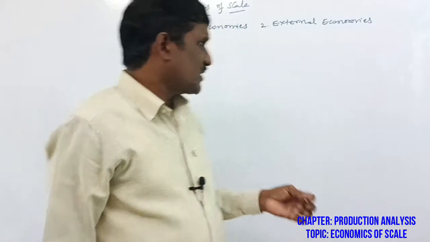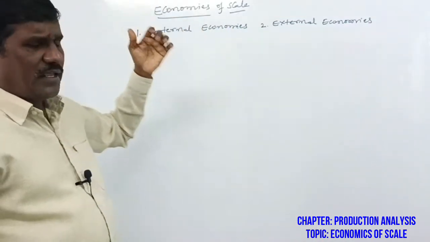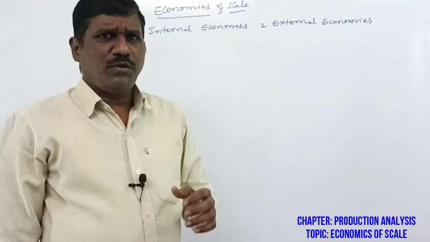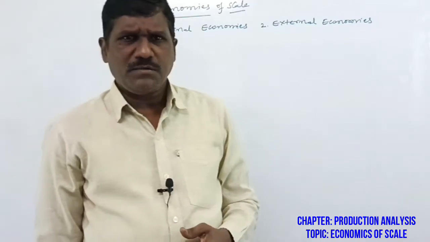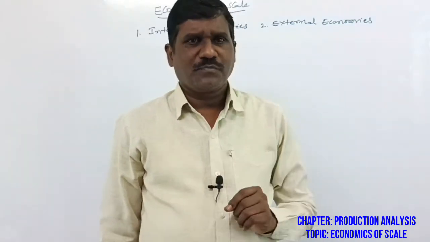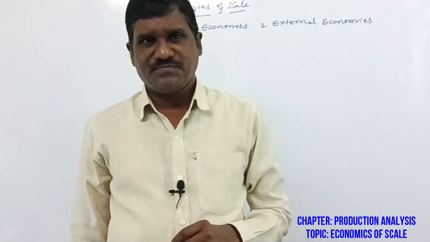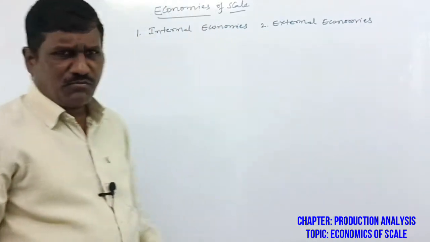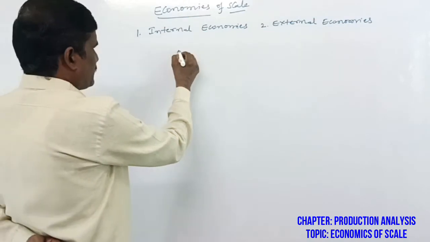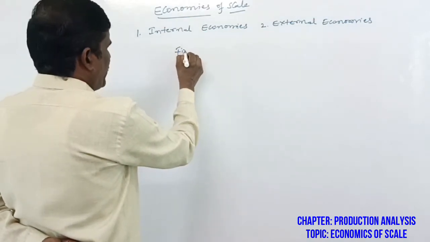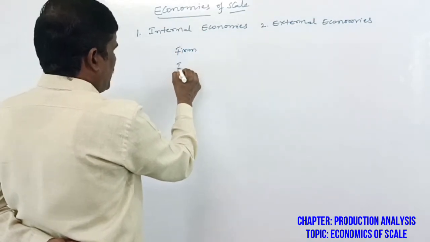Listen carefully. First of all, internal economies. Before we analyze internal economies, we want to know the difference between a firm and an industry. What is the firm and what is the industry?